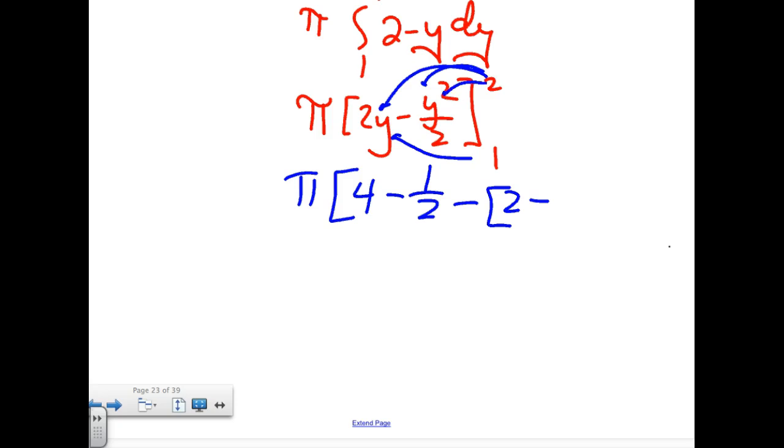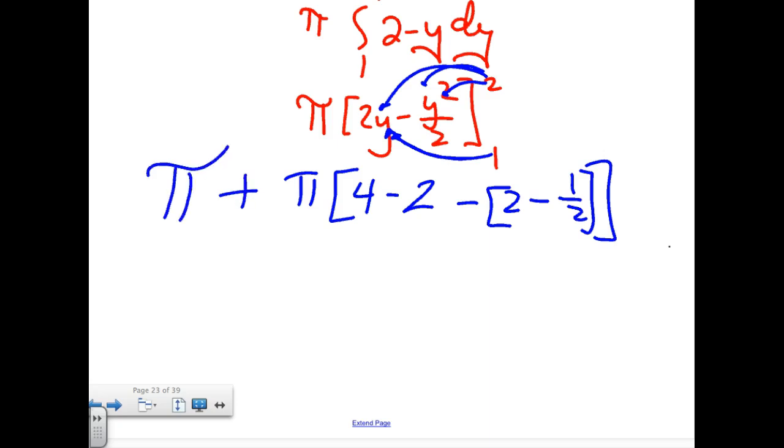When I plug in a 2 here, it'd be 4 minus 2 squared over 2, which is just 2. I'm getting sloppy here at the end. And then I get minus, putting in the 1, 2 minus 1/2. I'd have to remember I had the pi in front of it. I also had the pi contributing from the bottom, and then I'll leave it to you to finish the arithmetic for that one. But it's pretty doable.